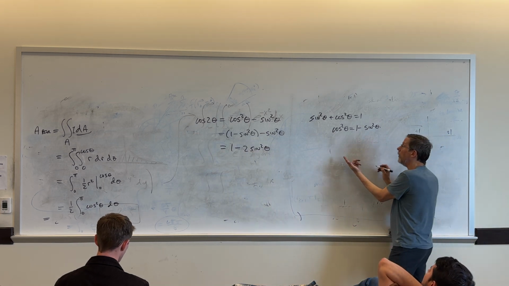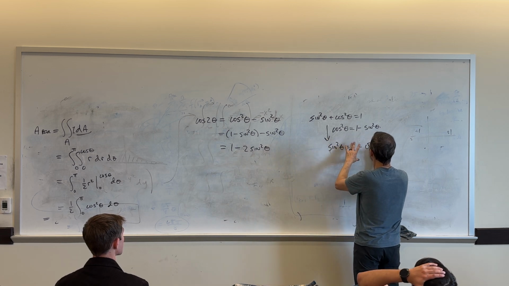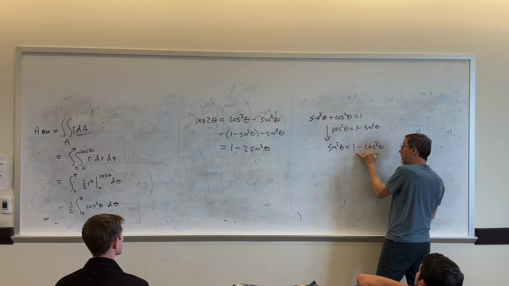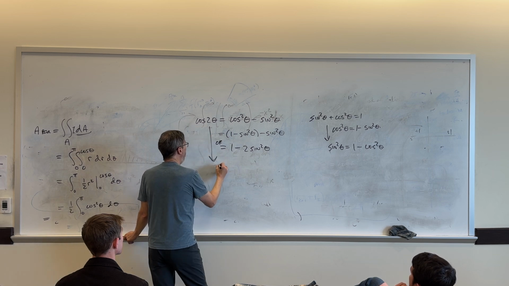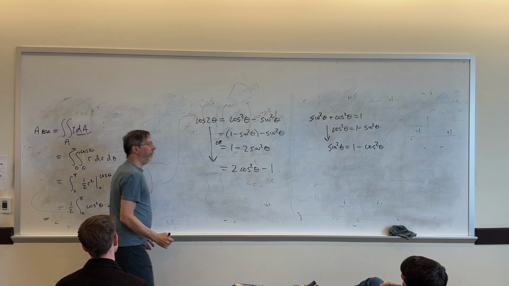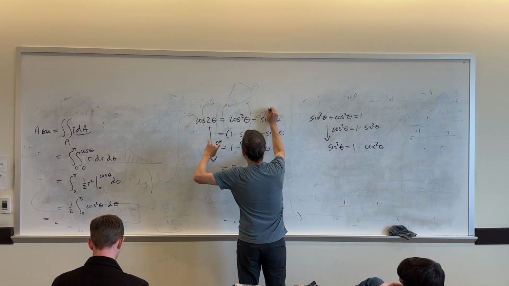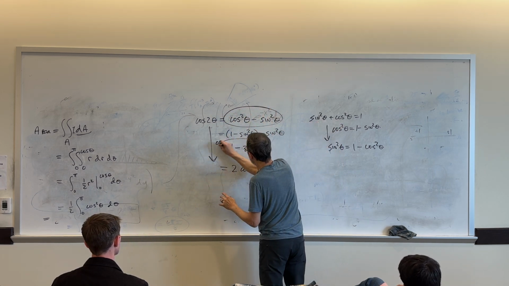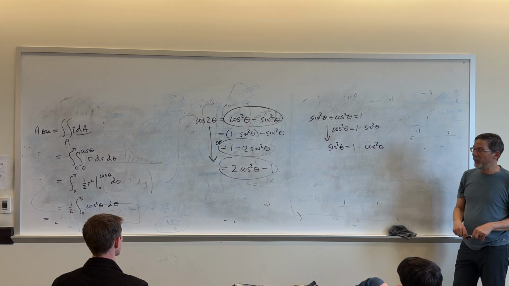But I could have also taken this thing and solved it for sine squared, in which case I would be replacing this sine squared here with 1 minus cosine squared theta. So that would give me equals, and you can probably believe this, 2 cosine squared of theta minus 1. That's the other form. So 3 beautiful forms. If you remember this one and remember the Pythagorean identity, you can get this guy or this guy at your whim. Always good to be able to build that stuff.